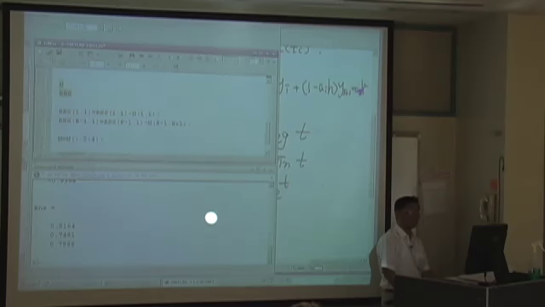So I'm showing you how to generalize the program that you may create.